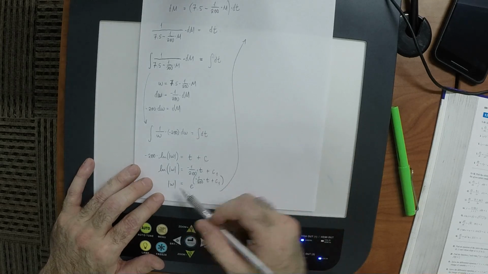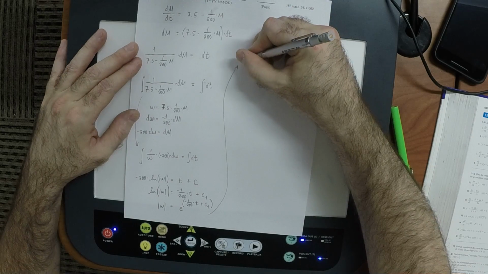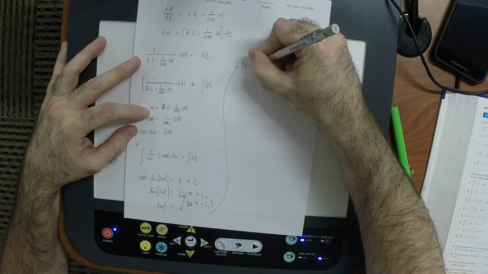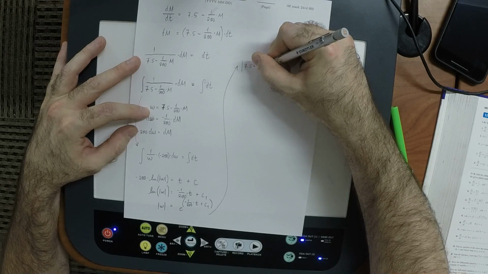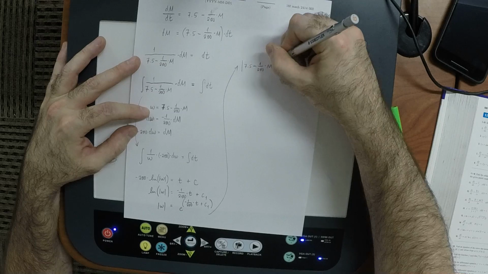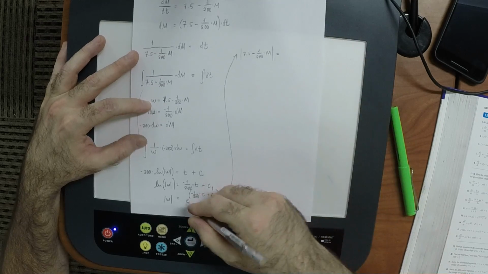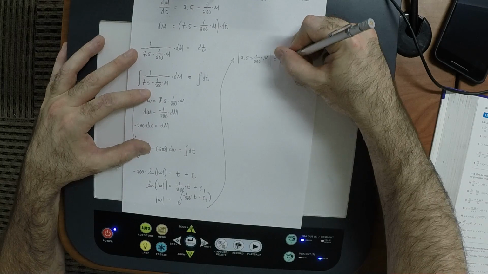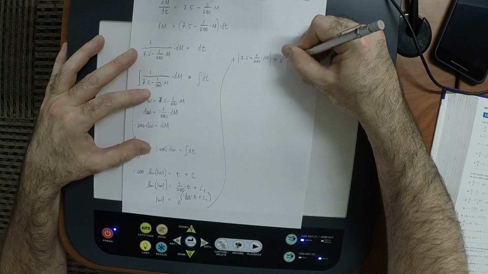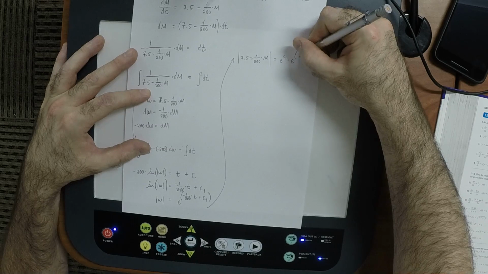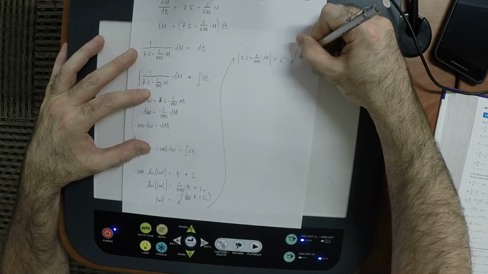So now we can get to here and say that the absolute value of 7.5 minus 1 over 200 m is that. Now I'm going to move this C1 to the front, so this would be exponential of C1 multiplied by exponential of negative 1 over 200 t.